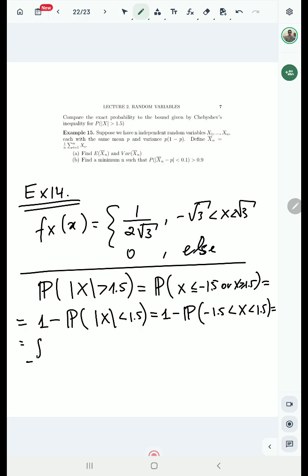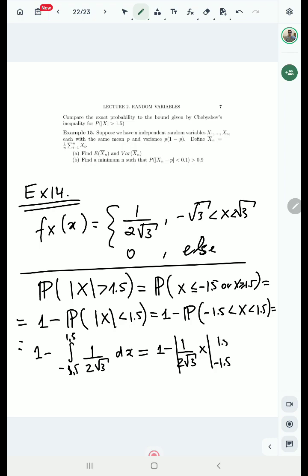So we're going to calculate it as 1 minus the integral between minus 1.5 and positive 1.5 of the probability density function, and that gives you what? 1 minus 1 over 2 square root of 3 times x, evaluated between minus 1.5 and positive 1.5.